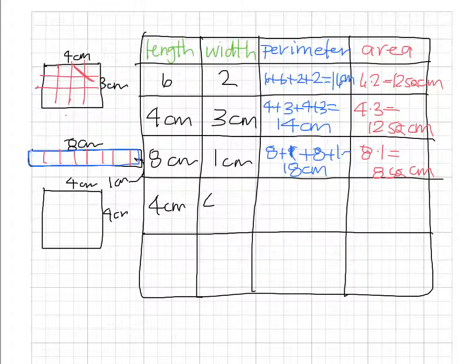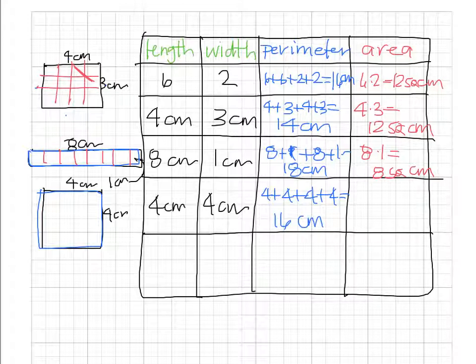Our width is 4 centimeters. When we determine our perimeter, remember, perimeter is the distance you walk around. So it's going to be 4 plus 4 plus 4 plus 4, and that's going to give us 16 centimeters. Okay? 4, 8, 12, 16.